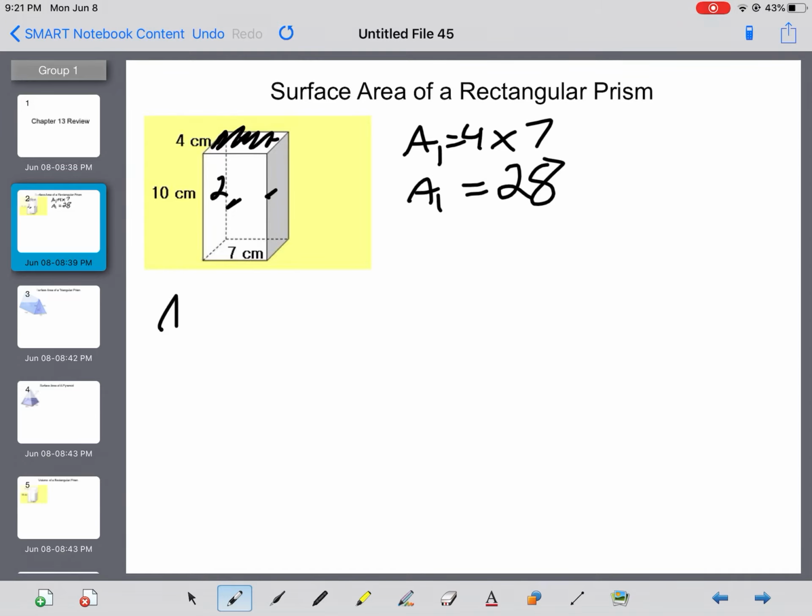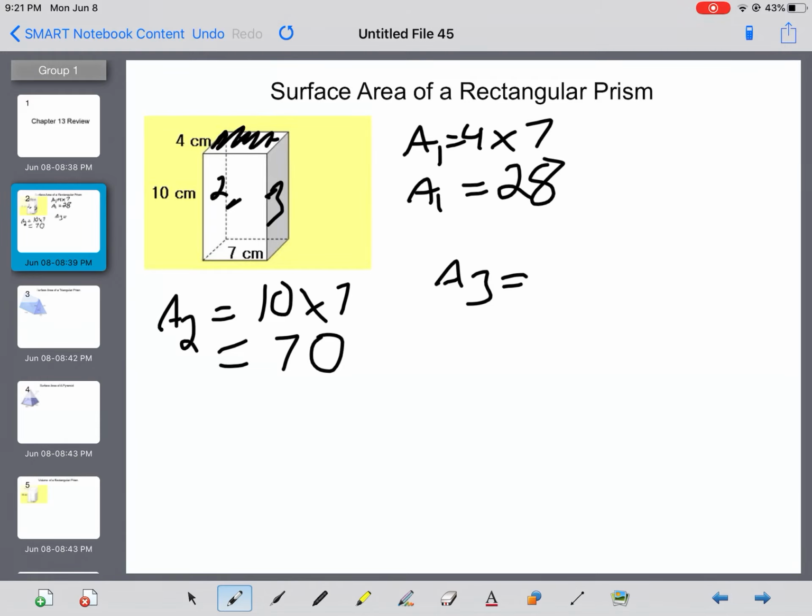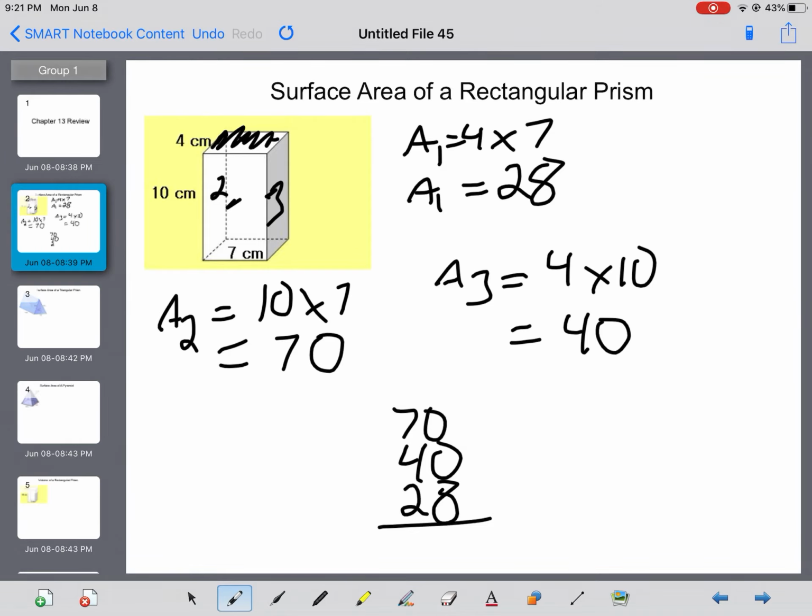Then area 2, the biggest square on the outside, would be 10 times 7 equals 70. And then this side one here, area 3, would be 4 times 10, which is 40. Then I need to add those all together, and I would get 138.